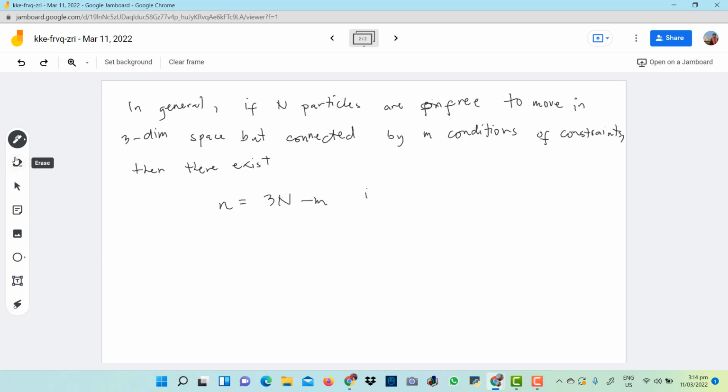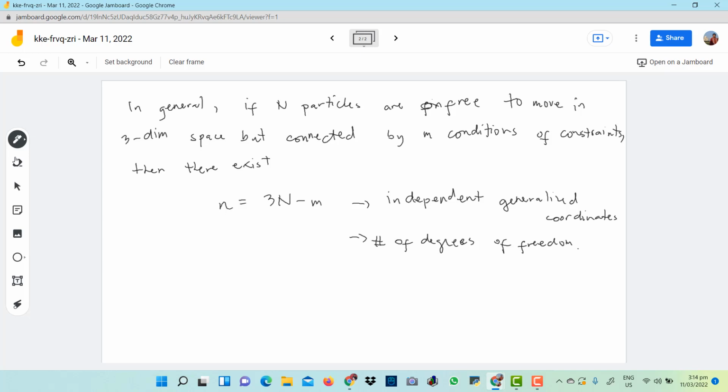This n is called independent generalized coordinates, or basically this is just the number of degrees of freedom. Okay, so, degrees of freedom.